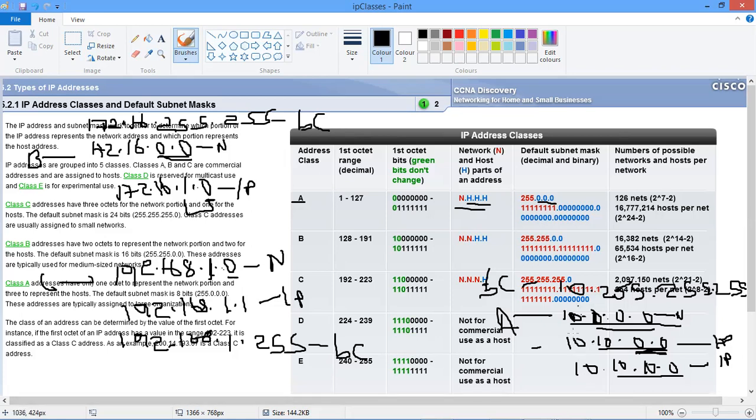Now, look at this place now. In class A, I have 10.10.255.255. What kind of address is this?